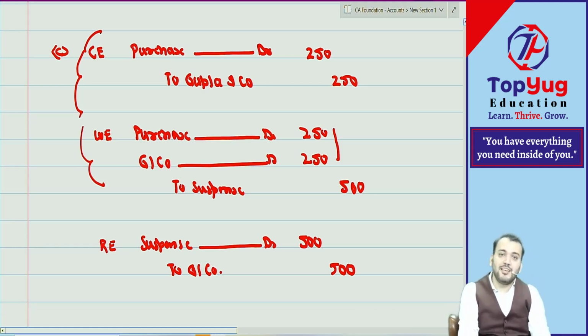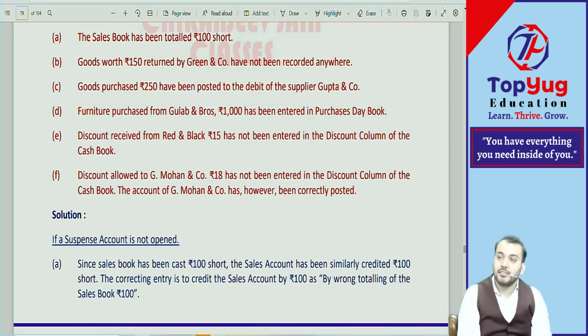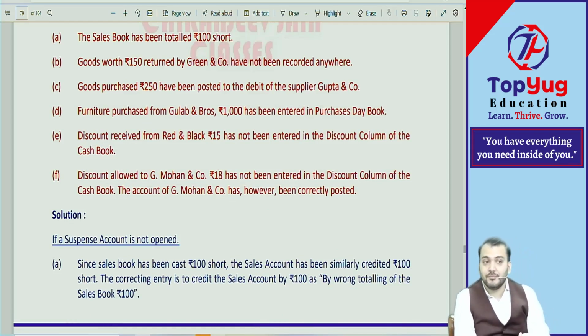Goods sold to Mr. Hari, rupees 10,000, has been wrongly credited to Hari account by rupees 11,000.